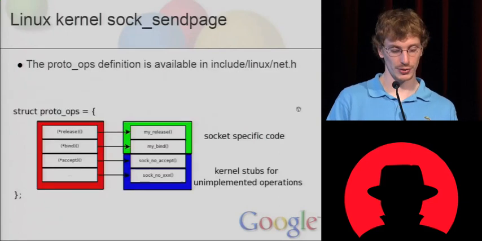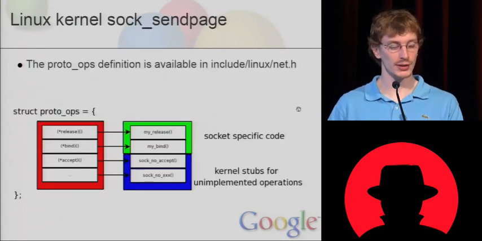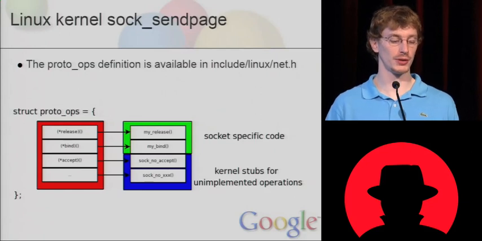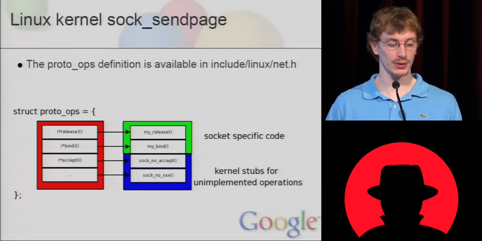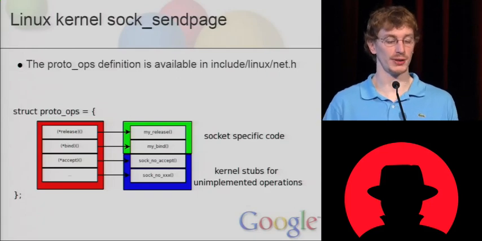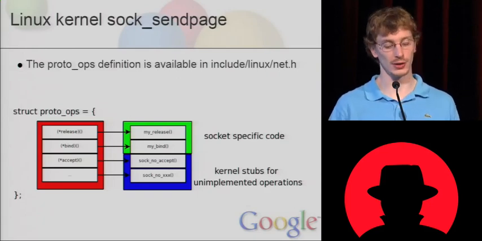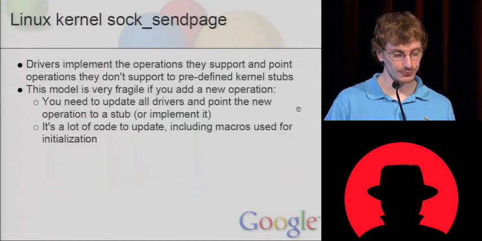In this illustration, for instance, release points to my_release, which is an implementation, bind to my_bind, but accept points to sock_no_accept, which basically means this is an unimplemented operation.